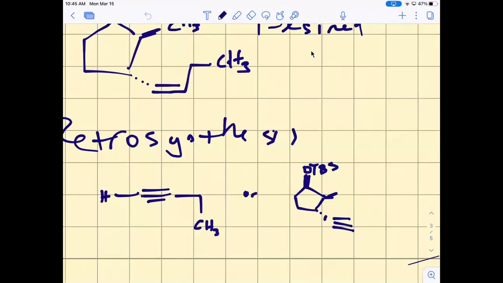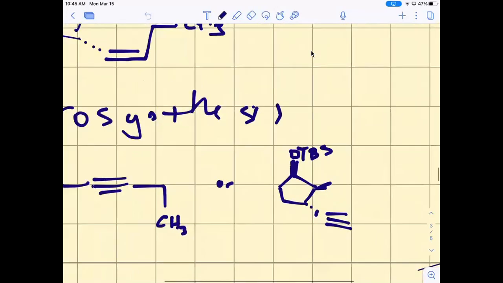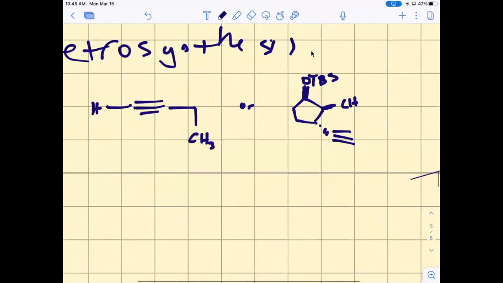All right, so you have a choice between, thinking retrosynthetically about this, what you want to start with, right? Either one of these starting materials, both of them are feasible targets, right?